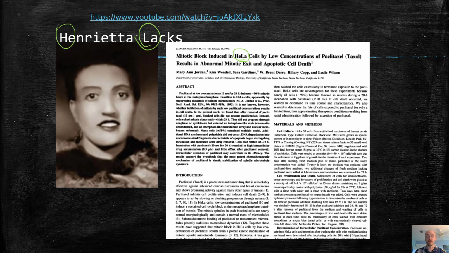There's a really good book out there about it called The Immortal Life of Henrietta Lacks, and I think Oprah made a movie about it as well, and I really recommend you check that out. Her cells grew in a lab, and they had telomerase that allowed them to divide and divide and divide.